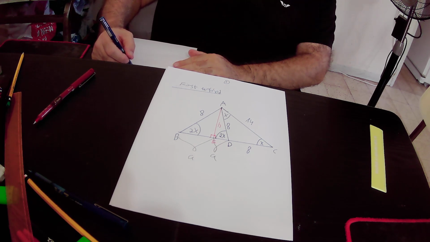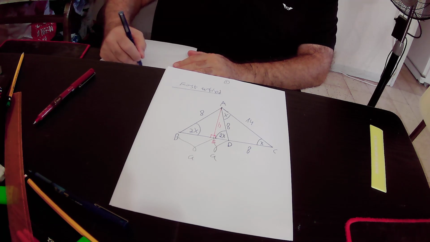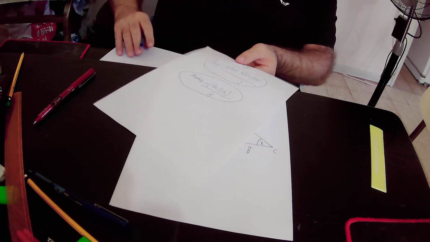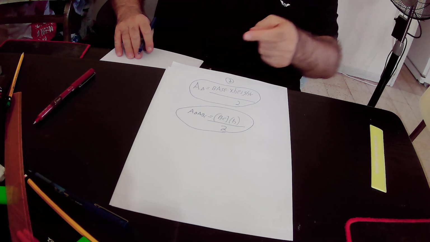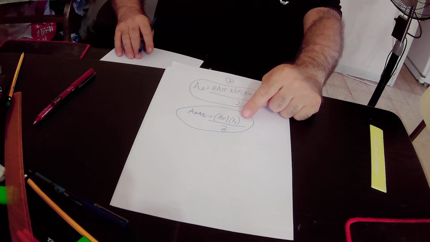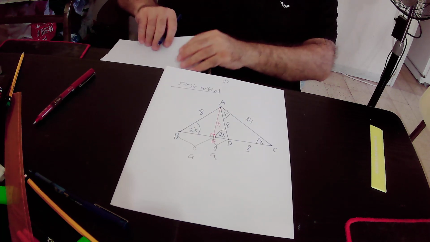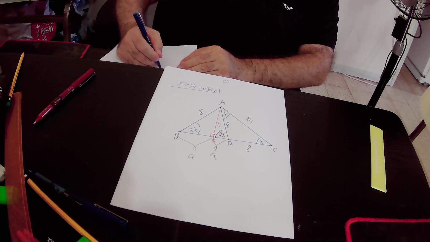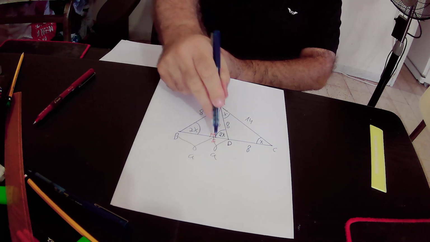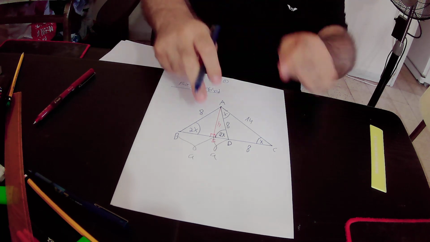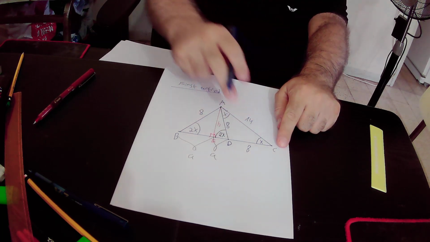So it is the base BC times the height, that is h, over 2. What is the value of BC? The value of BC equals a plus a plus 8, that is to say, BC equals 2a plus 8.